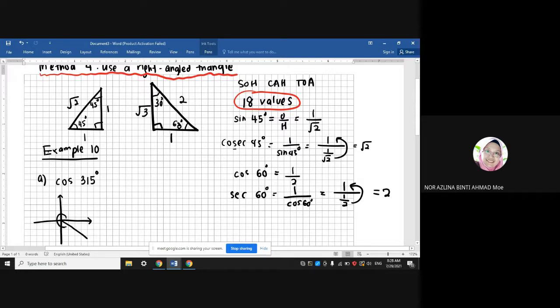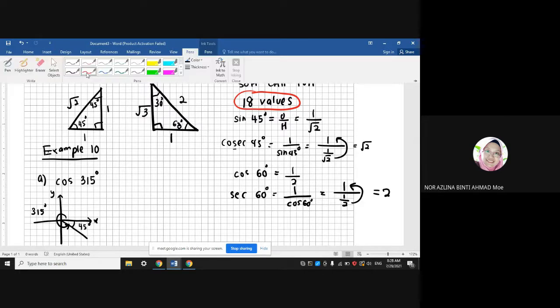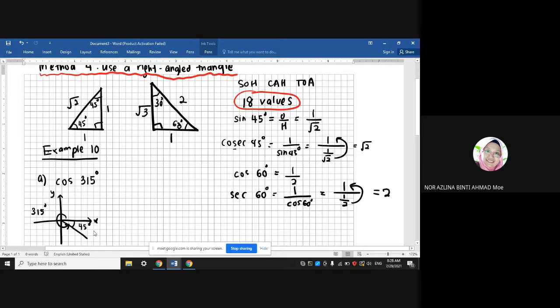Okay, ni 315 kuadran 4. Cari dia punya reference angle. Banyak guna reference angle. So, reference angle from line to x-axis. So, 360 minus 315, this is 45. So, we get 45 here.